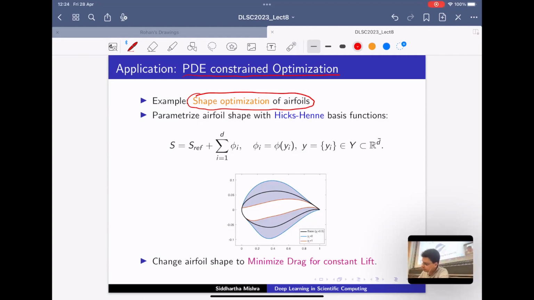These are what are called Hicks-Henne basis functions. These are essentially splines. Those who know what splines are know what it is. But at the end of the day, I'm going to parameterize this entire shape, not as a function. I could have done that. I could have taken a level set function and parameterized it. Instead, I just write it in terms of splines. And this number d bar is anywhere between 20 to 50.